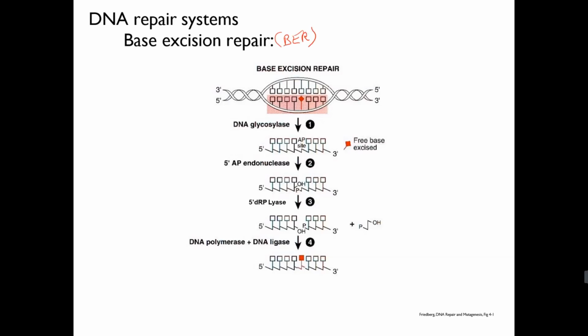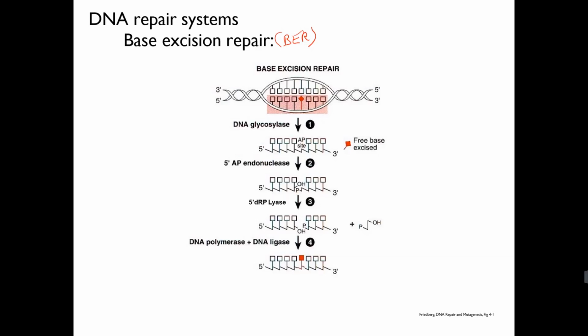And then we're going to process the AP site to remove the sugar that is left at the abasic site. And this results in a 1 nucleotide gap. And then we're going to use a polymerase to fill it in so that one missing nucleotide is replaced, and then a ligase will be used to seal it.